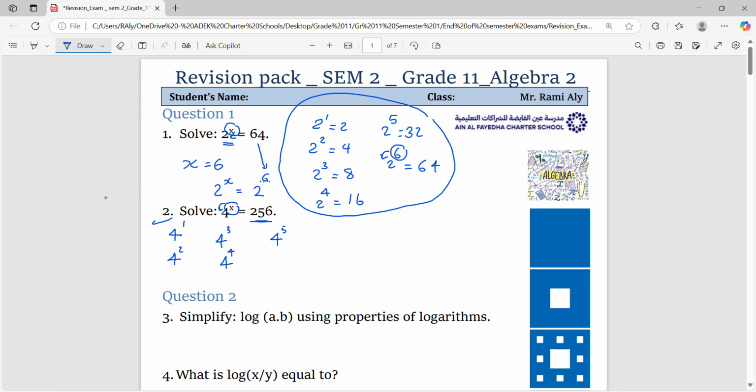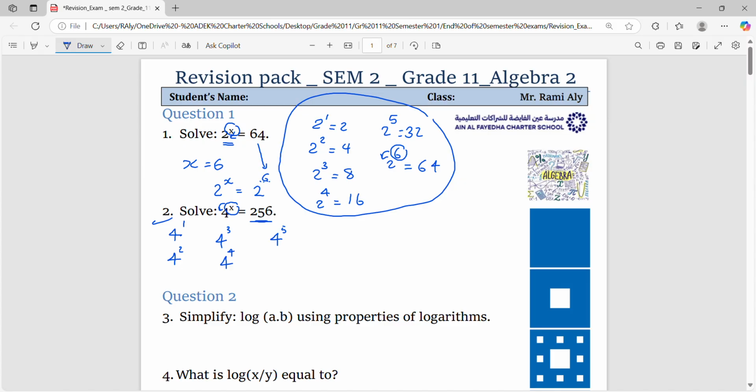We can use the calculator. I want you to use it with me. Let's do it together.